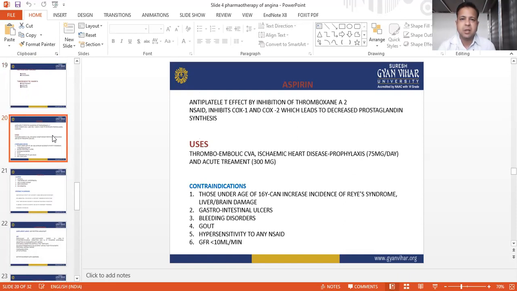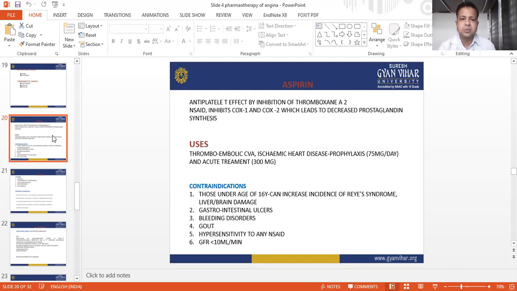NSAID inhibit COX-1 and COX-2, which leads to decreased prostaglandin synthesis. Uses: thromboembolic CVA, ischemic heart disease prophylaxis, that is 75 mg per day, and acute treatment.